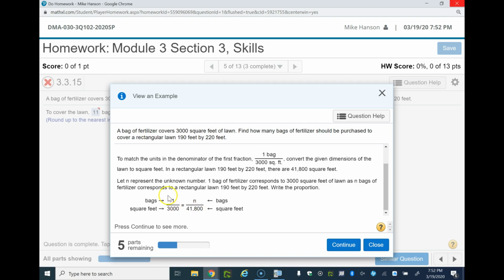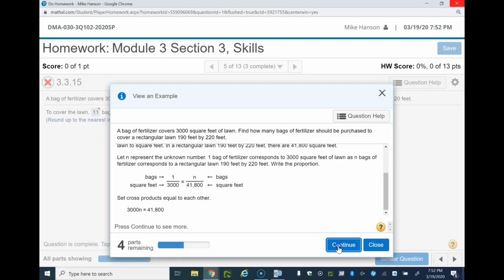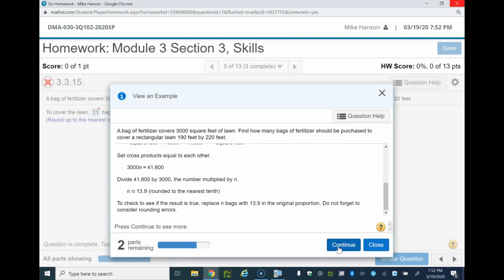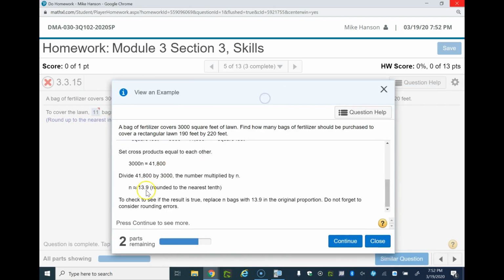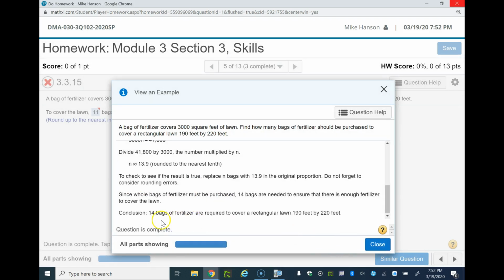Multiply the two numbers that we have together, and always divide by the last number left over. When you're working these problems, be careful when it says something in blue, because we need to pay attention: round up to the nearest integer. For this problem we have 13.9, and it wants us to round up to the nearest integer, meaning a whole number. So it'll be 14 bags.